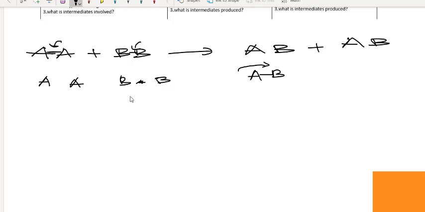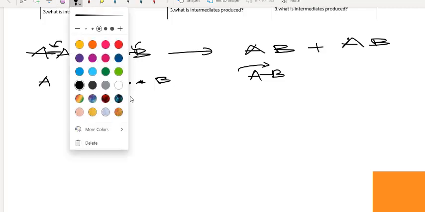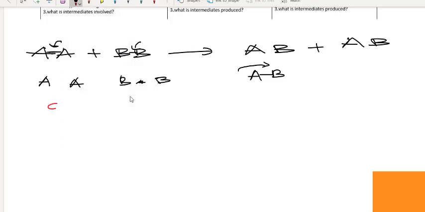So the type of bond breaking, in chemistry we call it cleavage. Cleavage means break.